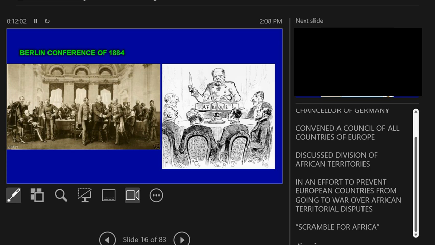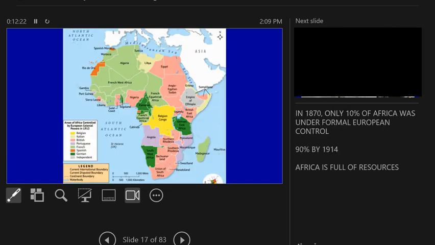And I find that shocking because nobody in Africa was consulted, with one exception. Ethiopia, the king of Ethiopia, wrote a letter to the conference of 1884 and said, we don't want to be a part of that. And Ethiopia is the only, in fact, if you look at this map, it's the only one here in gray. It was the only one left alone.